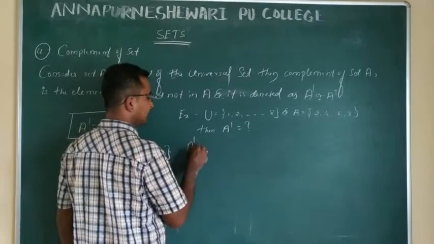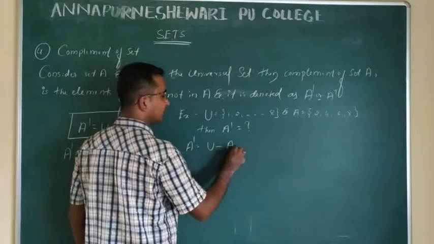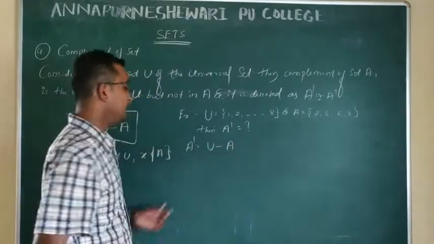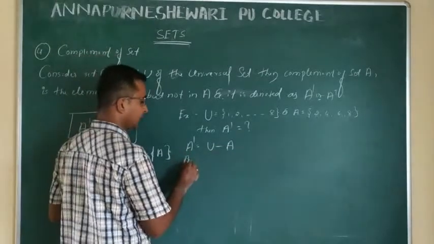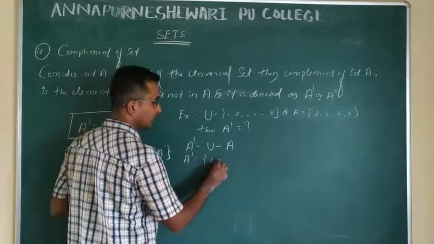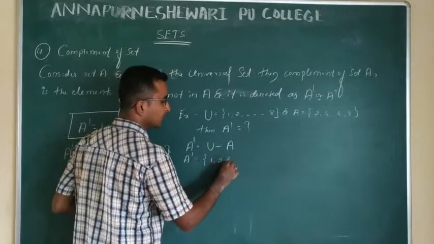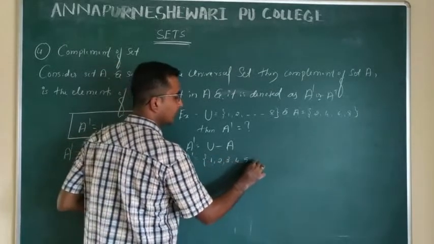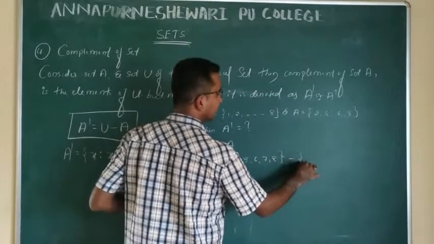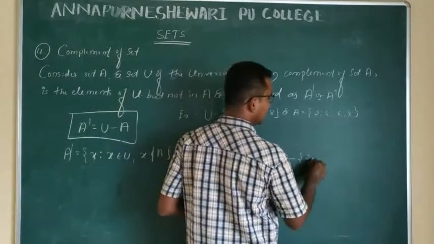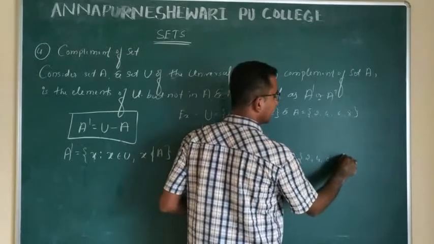A dash is nothing but U minus A. This is compulsory. B dash is nothing but U minus B. First the universal set, 1 2 3 4 5 6 7 8, minus A, which is 2 4 6 8.